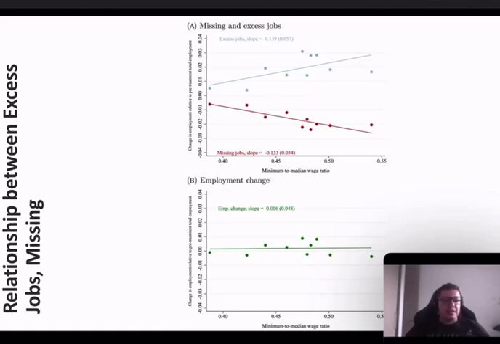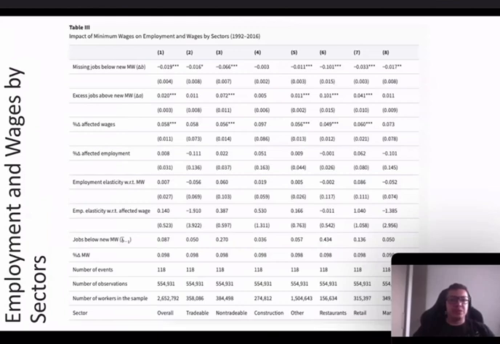The same graph illustrates how following a minimum wage increase, some jobs disappear just below the new wage level, while others emerge just above. This bunching phenomenon is crucial for understanding job redistribution and its impact on the labor market. The results, economic implications, and limitations.